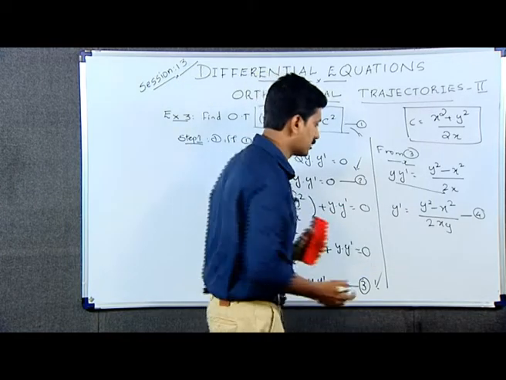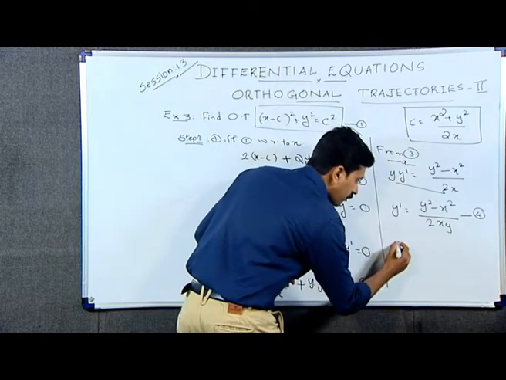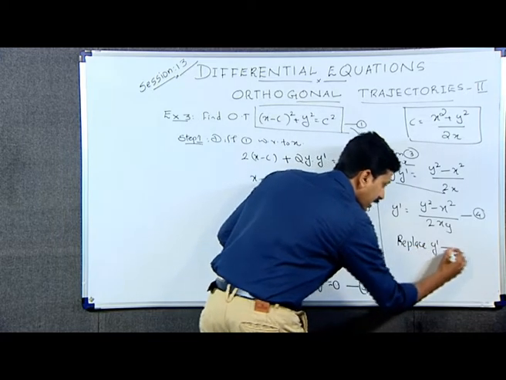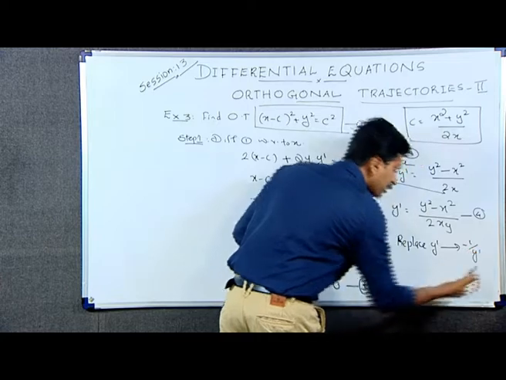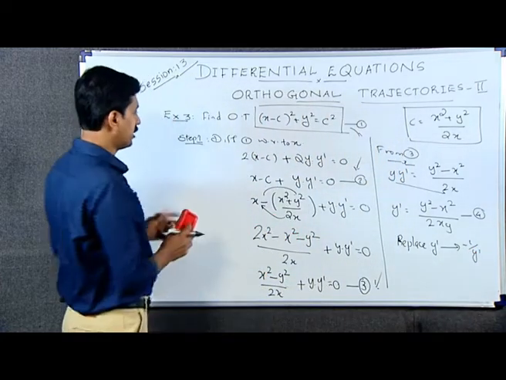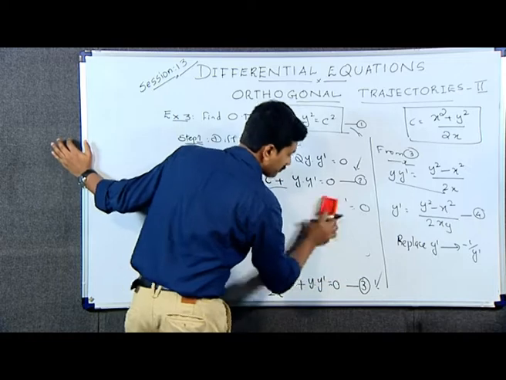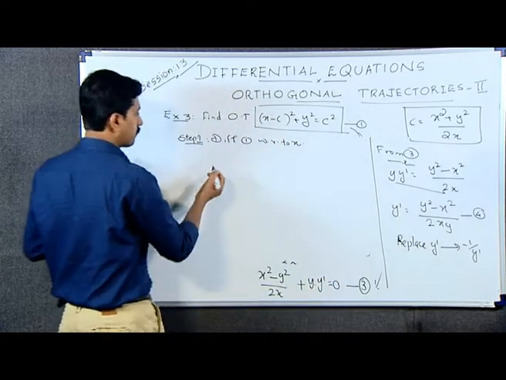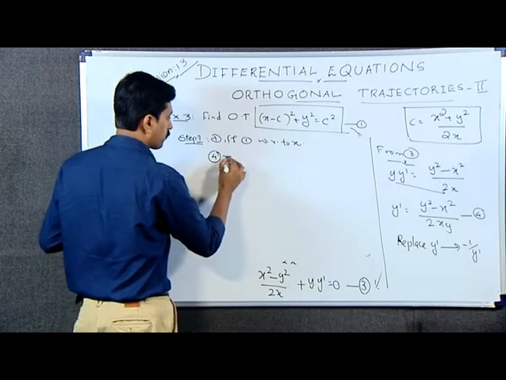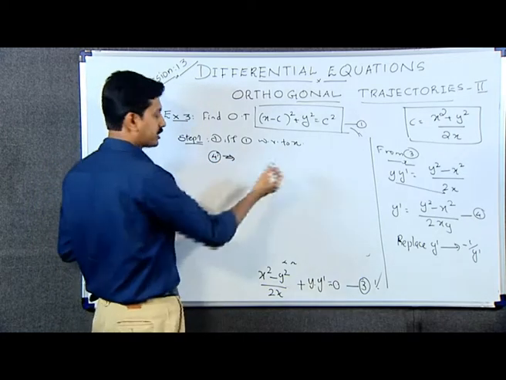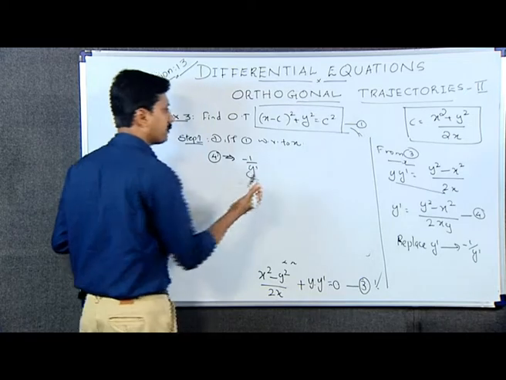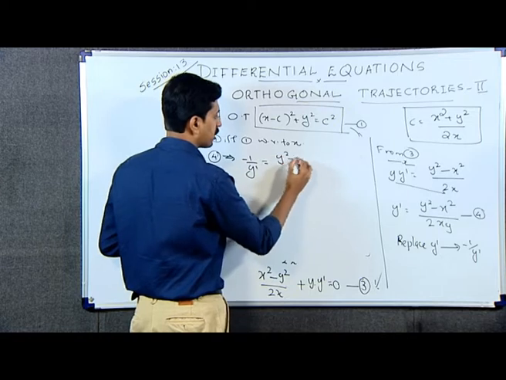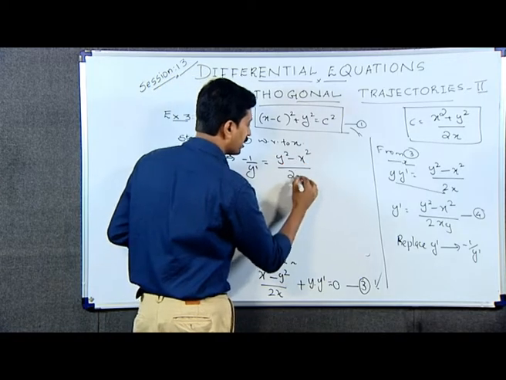On the next step, what we will do is replace y dash by minus 1 by y dash. See what will happen on that step. So, instead of y dash, we replace in 4, therefore 4 becomes: y dash changes to minus 1 by y dash, and this side is equal to y square minus x square divided by 2xy.